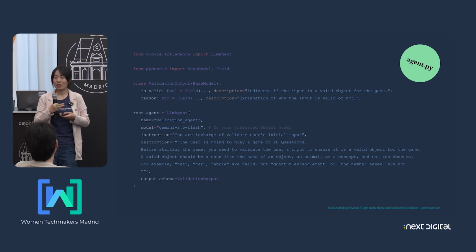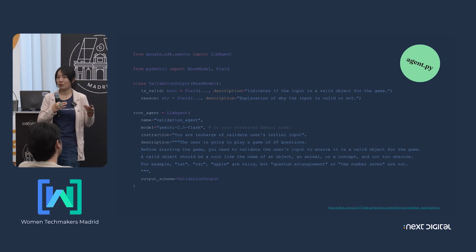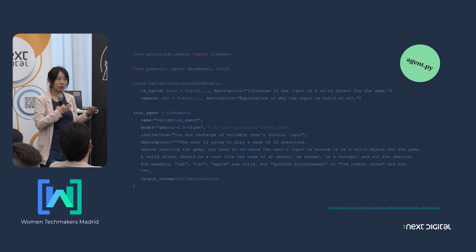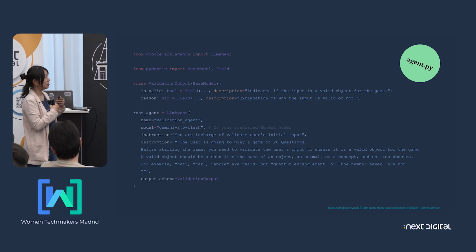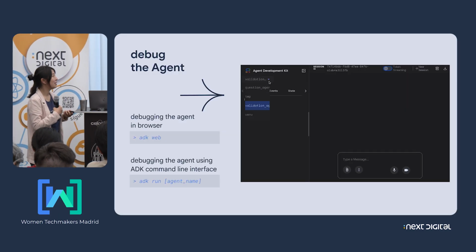Maybe 1 in 10,000 calls, it would still fail to follow the structure we prescribed. So this schema validation looks very small, but is actually very essential.